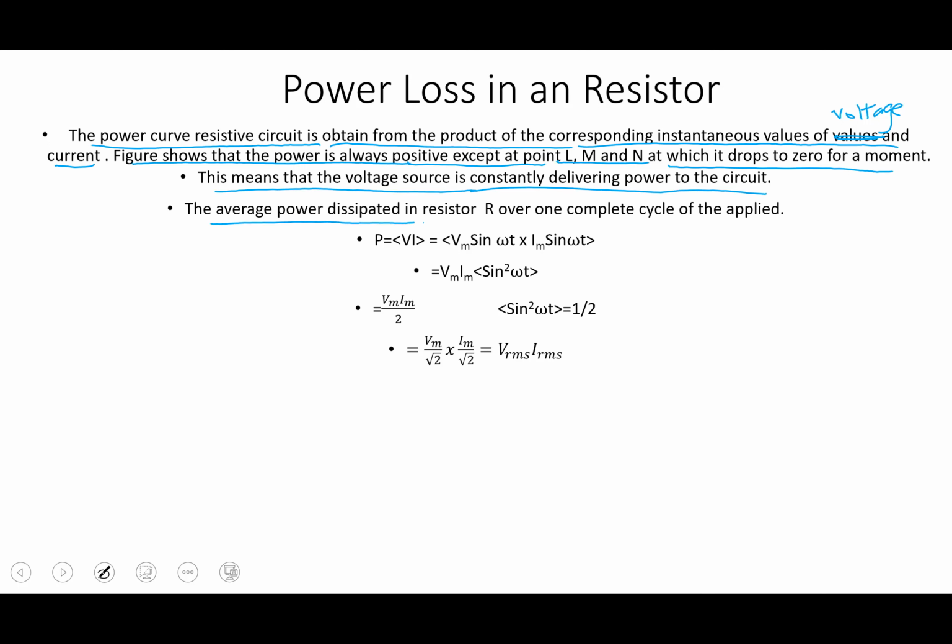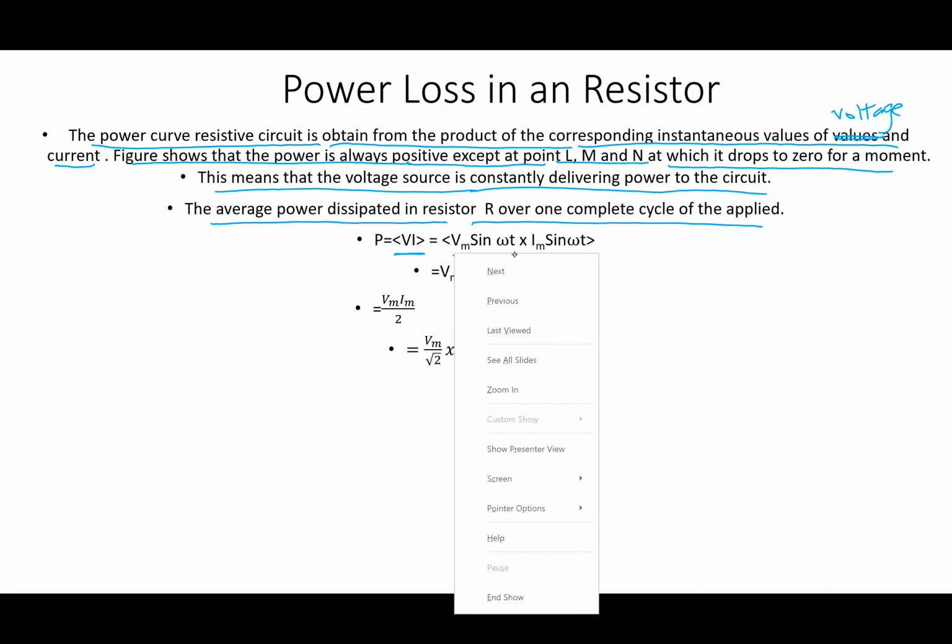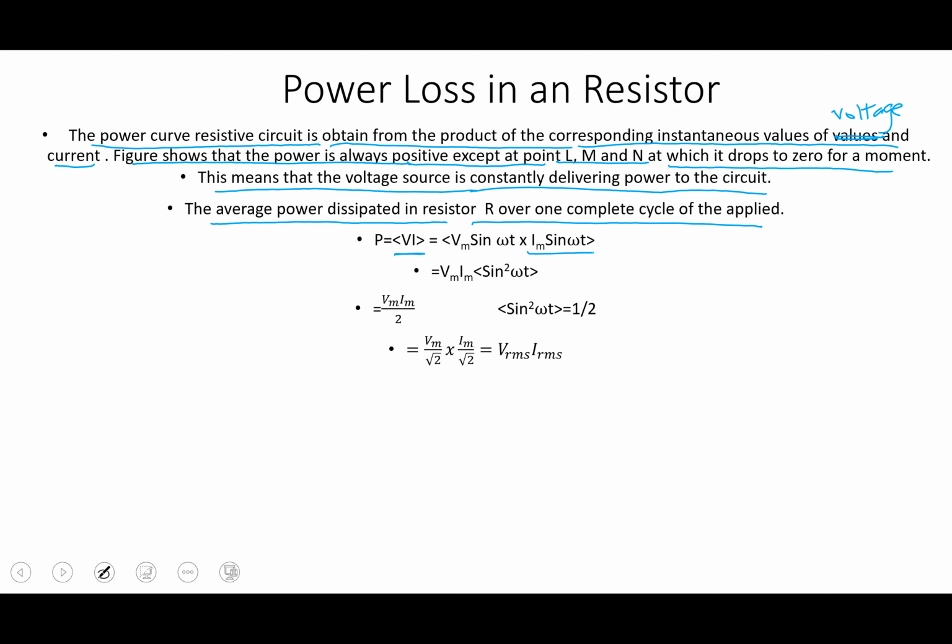The average power dissipation in the resistor R over one complete cycle of the applied voltage is P = average of VI, as we know that V = Vm sin ωt and I = Im sin ωt. If we multiply these two sine functions, we get Vm × Im sin². The brackets represent the average value.